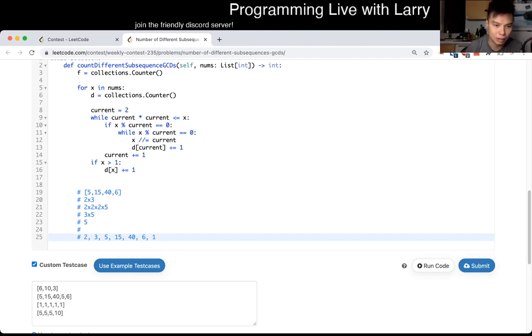What if this was 10? No, what if this was 12? Then 2 would not be an answer, then it'll be 4.